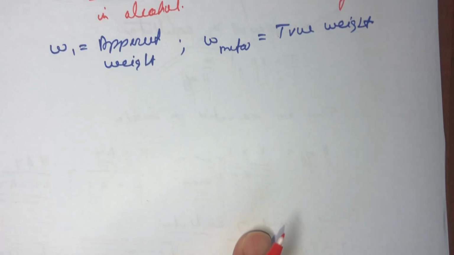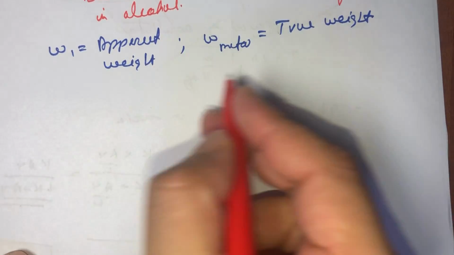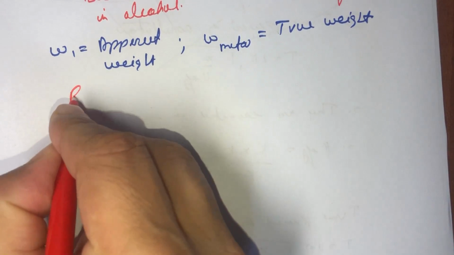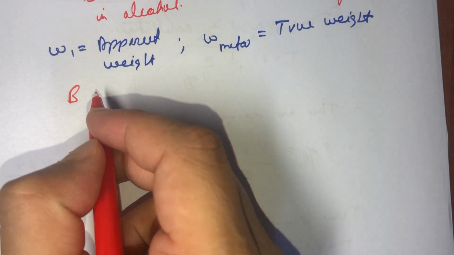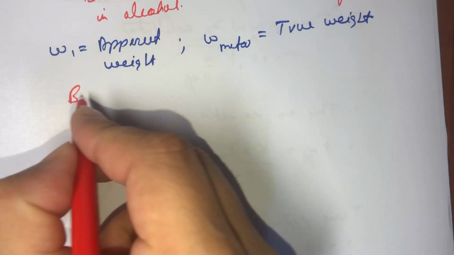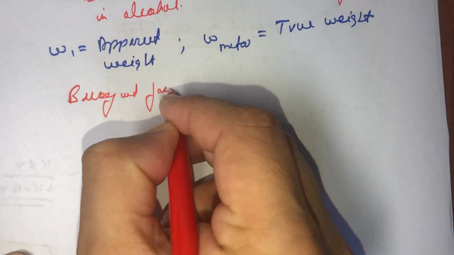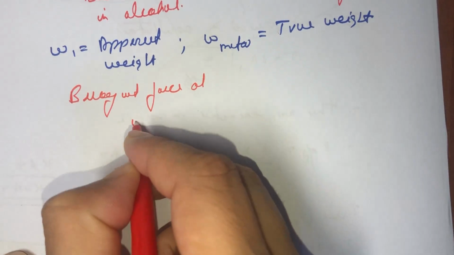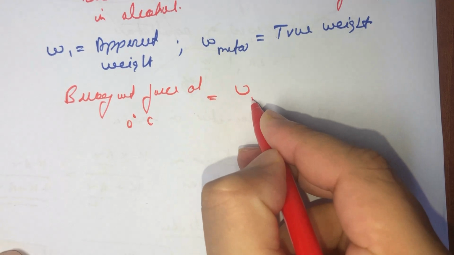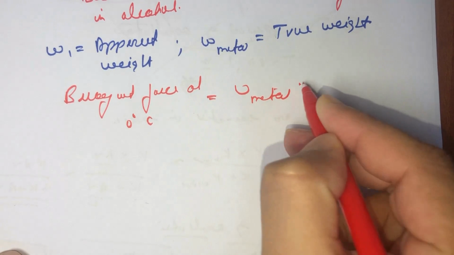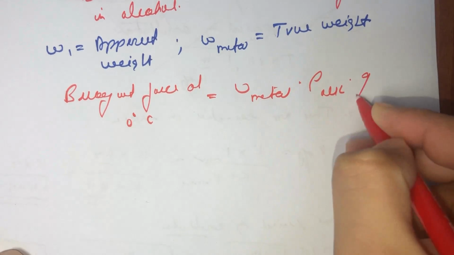And the buoyant force at 0 degree centigrade, we can write its formula. The buoyant force at 0 degree centigrade will be equal to volume of the metal multiplied by density of the alcohol and multiplied by g.